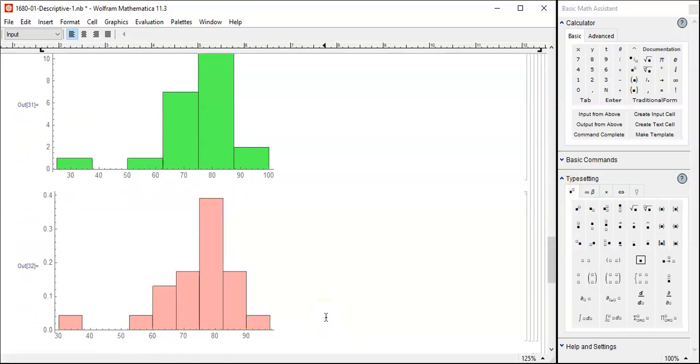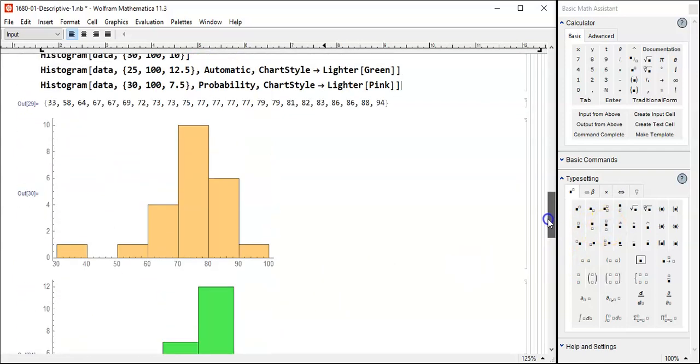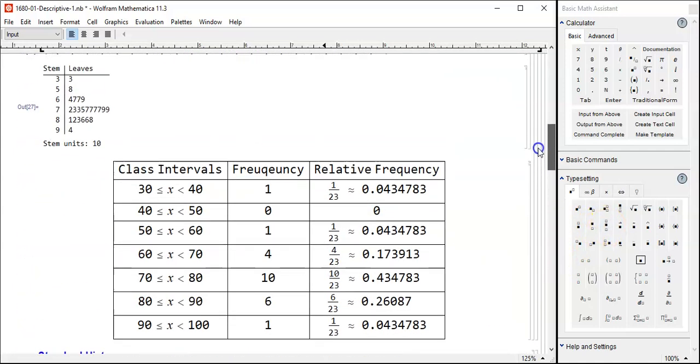In this case, 7.5, so 92.5 or higher is the highest, and maybe that's A plus, and then here this is A. I don't know whether this A, B, C, D example makes sense or not in this case. Anyway, you can select any class interval. That's the advantage of histogram.